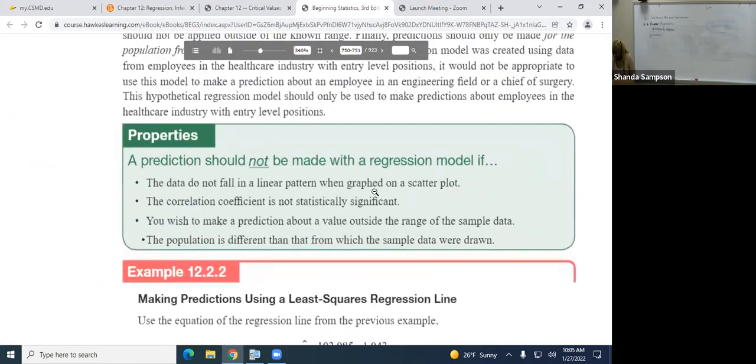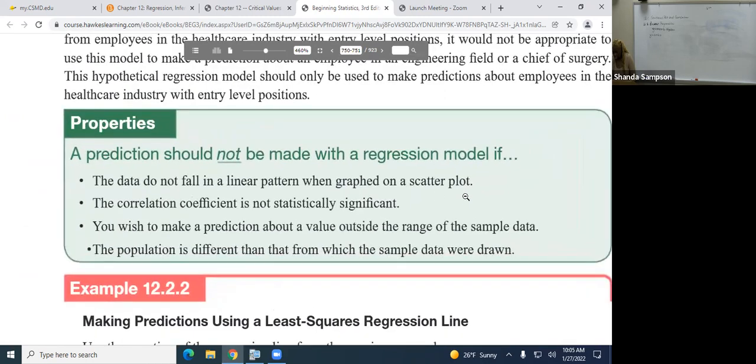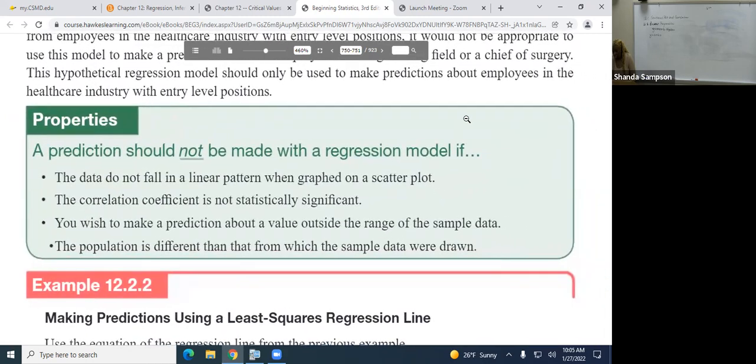All right, we're going to be using this linear regression equation to make predictions. But in this case, this is when predictions should not be made. Number one, the first reason a prediction should not be made is that the data does not fall in a linear pattern. Remember, I just talked about that in the scatter plot.